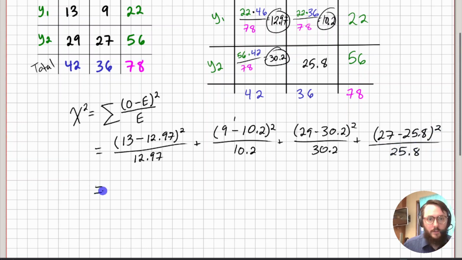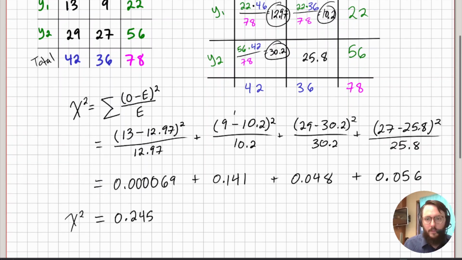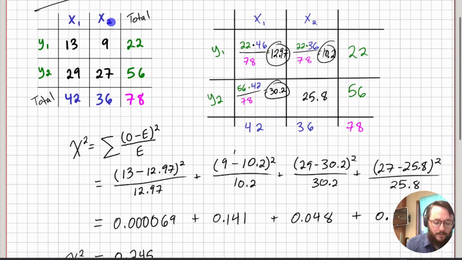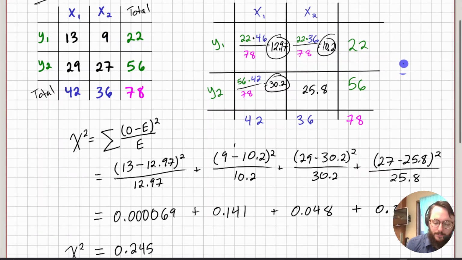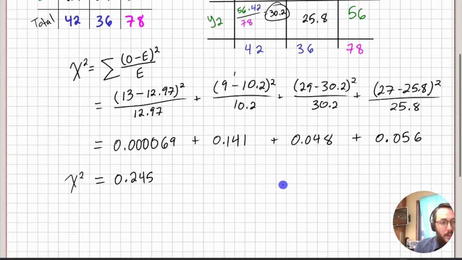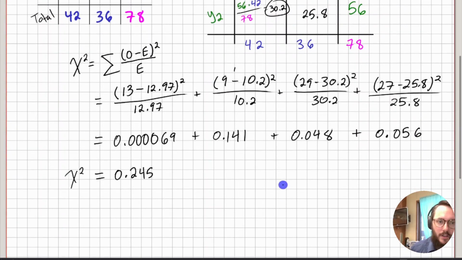For all of these values, you get the contributions for each of these cells. You can see that this one has the largest contribution. This x2, y1 has the largest contribution to our chi-squared value, so it is the most different out of all of them.